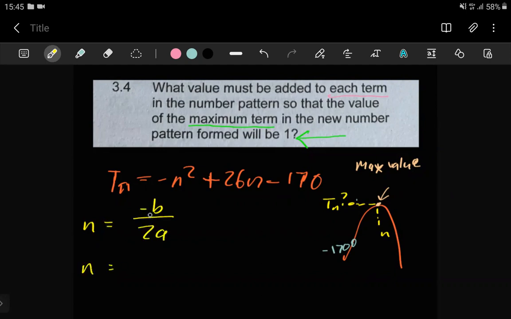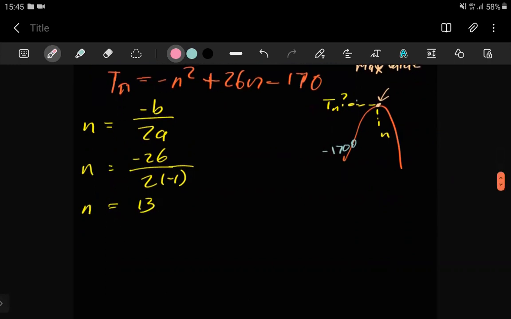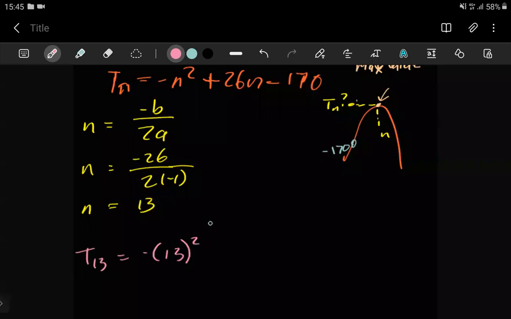Here b is going to be the 26 over there, a is the -1. So this is going to be 13, which now we can throw 13 in there. It's going to give us 26 times 13, and then what is 13 times 13?